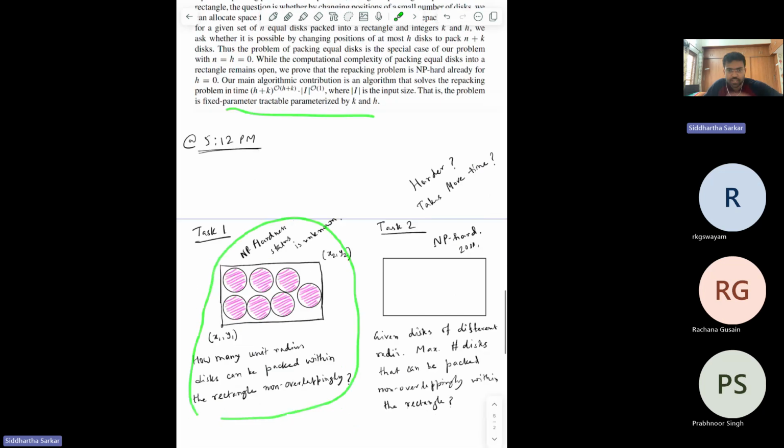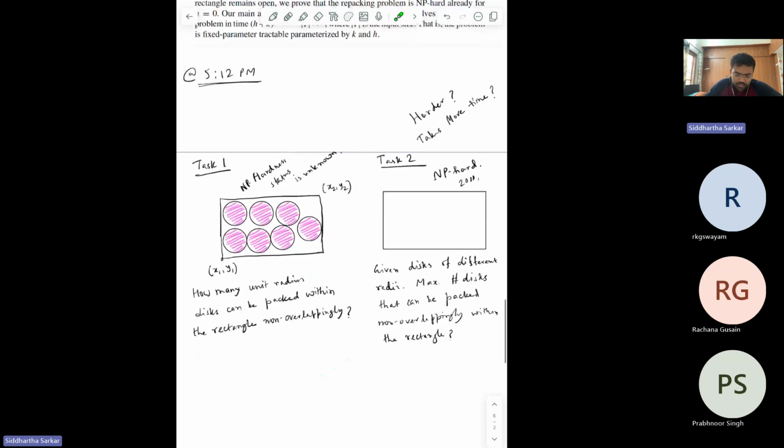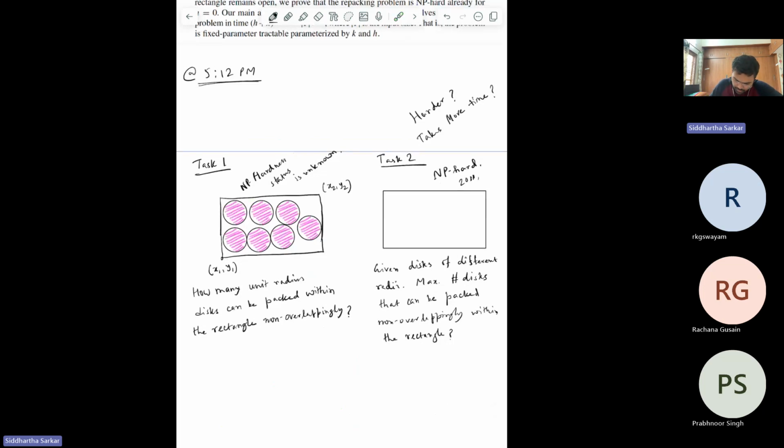In this paper they are asking the following question: you have been given a rectangle, but additionally you have also been given a packing of certain disks. So some packing is given. Let us say 3 disks are packed.